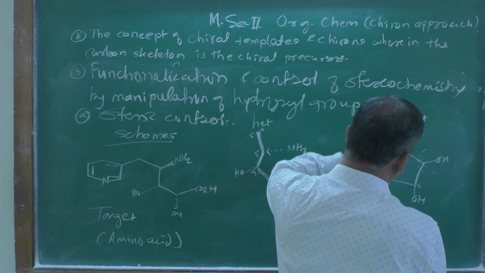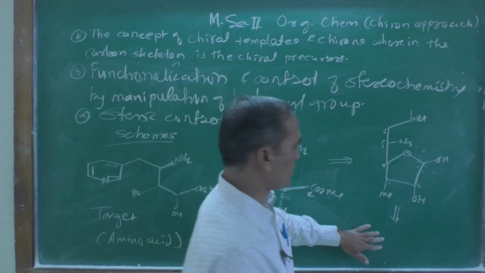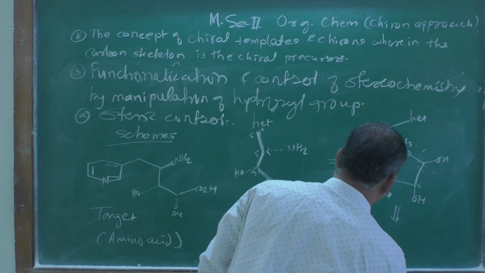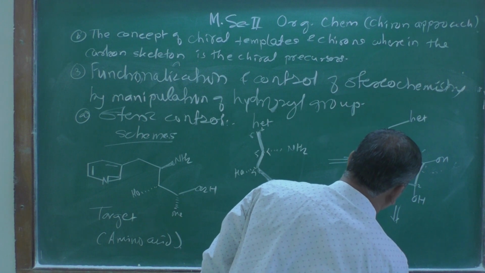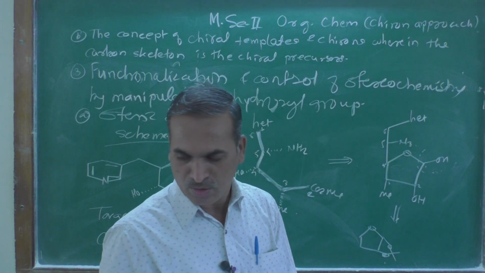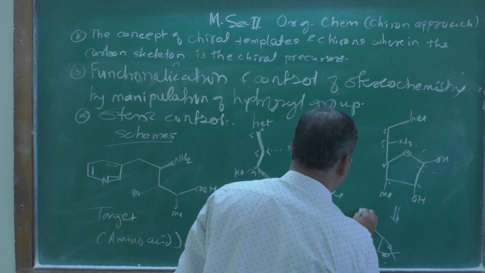obtained from this molecule, can be obtained from this one. So I am writing here O, this one, that is a 1,2 diol. As we know, the 1,2 diol we can protect in this way, and we will get this one.